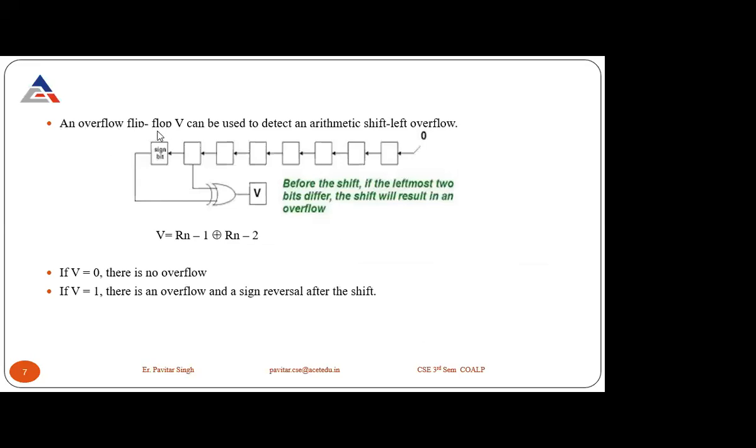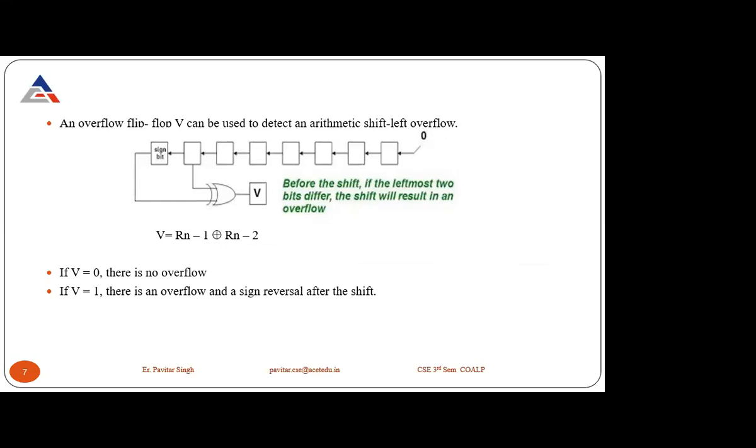An overflow flip-flop V can be used to detect an arithmetic shift left overflow. So we are going to attach one XOR gate to these last two bits, and here you have V.